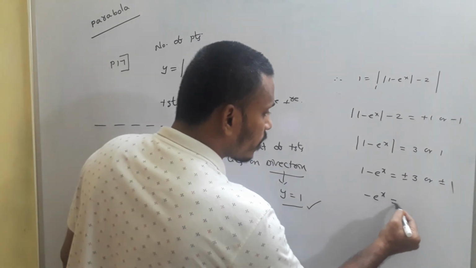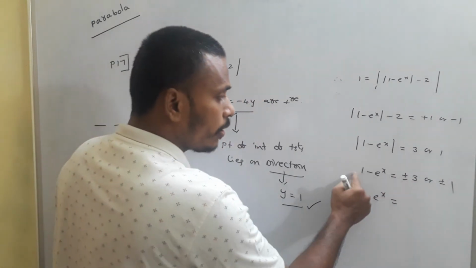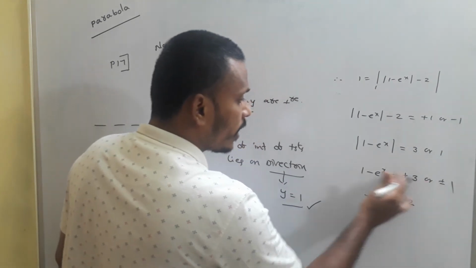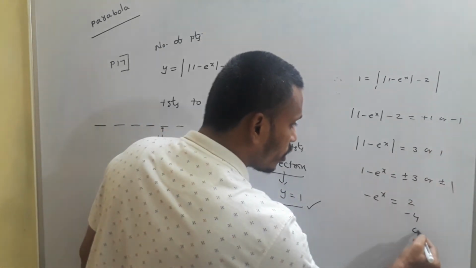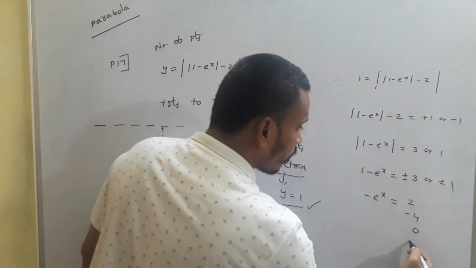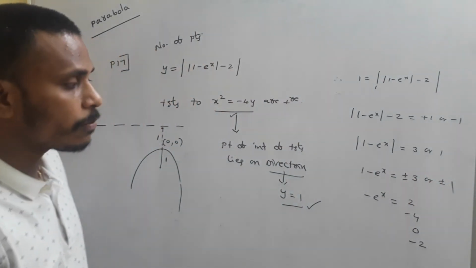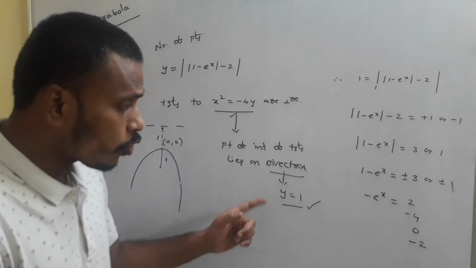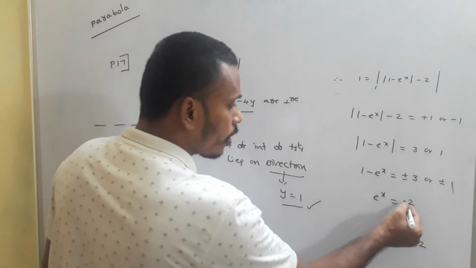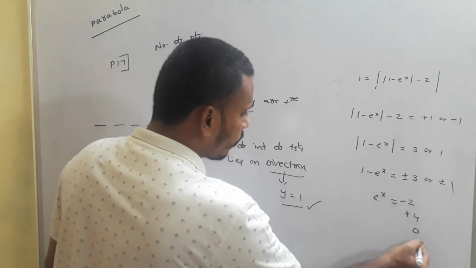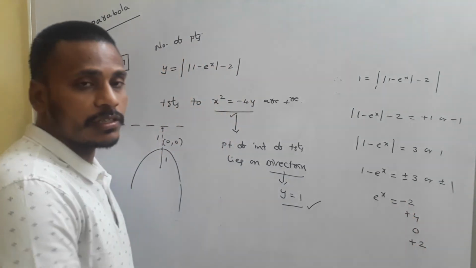Minus e power x is equals to 3 minus 1 is 2, minus 3 minus 1 is minus 4, 1 minus 1 is 0, minus 1 minus 1 is minus 2. This is minus e power x. So what is e power x? Then e power x is equals to minus 2, plus 4, 0, plus 2. Symbols changed.